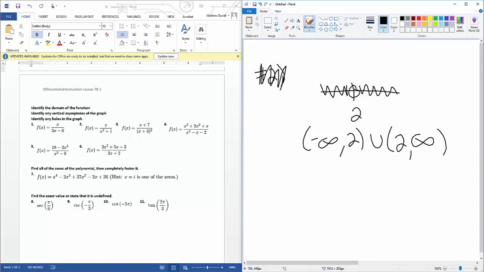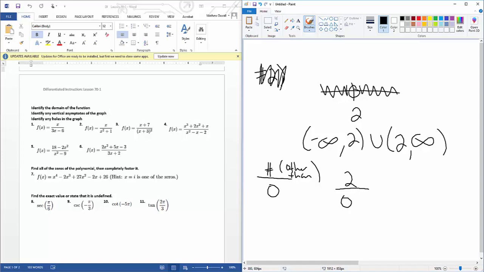Now it's asking us to find the vertical asymptotes of the graph, or points of discontinuity. Now for vertical asymptotes, those are the cases where you get a number other than 0 over 0. So if I plug in 2 into my function, I get 2 over 0.